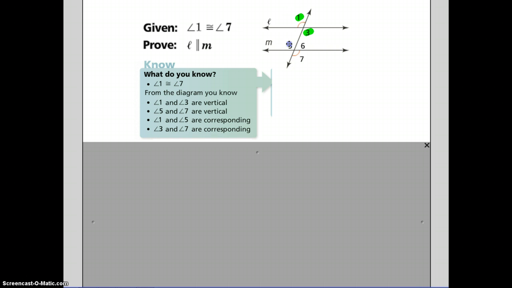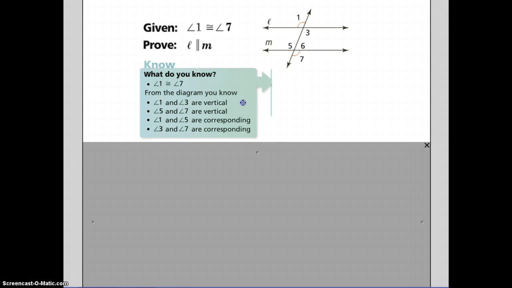Alright, and we can also know that angle 5 and angle 7 are congruent because they are vertical. Now, what we know is that we have some corresponding angles also. We know that angle 1 is corresponding to angle 5, and that angle 3 is corresponding to angle 7.